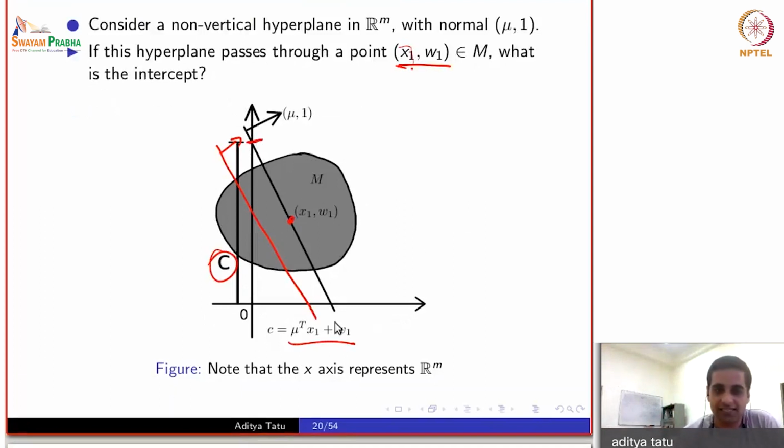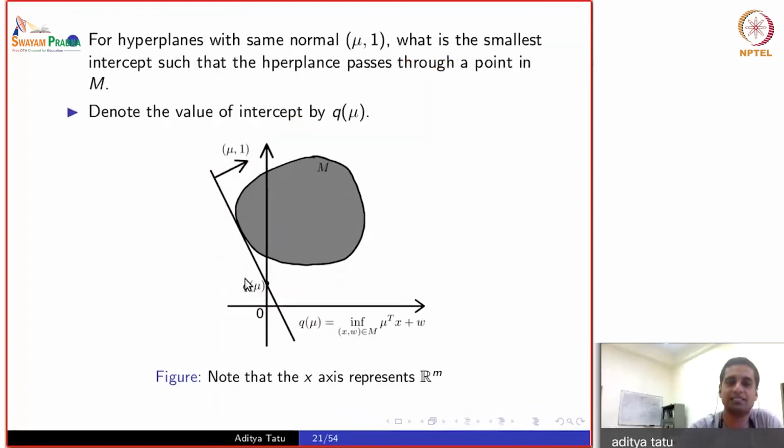Can I use the same hyperplane? By same hyperplane, I mean the same normal, but I can shift the hyperplane so that this intercept value is reduced. If I shift this in this direction, you can clearly see this value will come down. What is the least I can get? That is pictorially represented here.